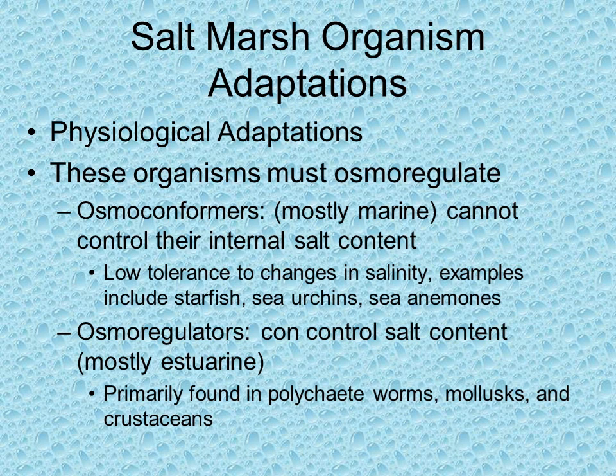And then you have osmoregulators that can control their salt content. These are mostly estuarine species like polychaete worms, some mollusks, some crustaceans. So both of these, osmoconformers and osmoregulators, live in these habitats, but they totally differ on how they can control or not control their internal salt content.